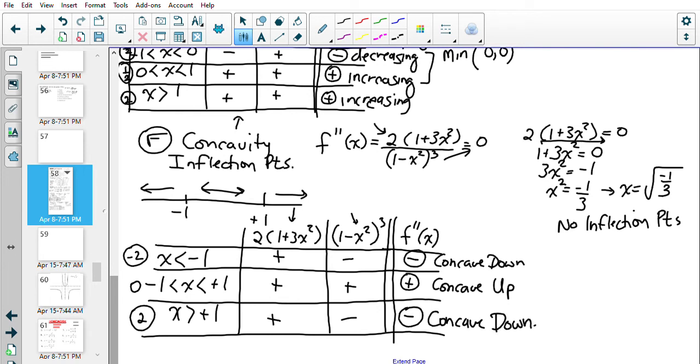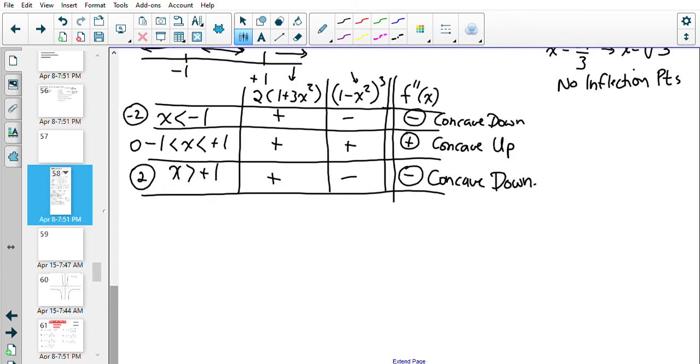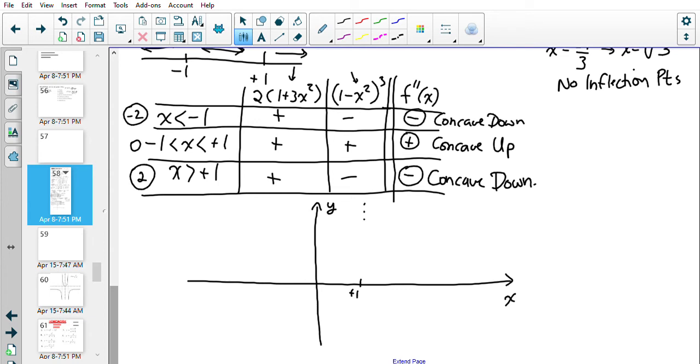So after all this work, you don't have a whole lot of information to put in. Okay? We have on a graph, I'm just doing a sketch so it doesn't have to be an accurate graph. Y and x-axis is defined. At positive 1, we had a vertical asymptote.